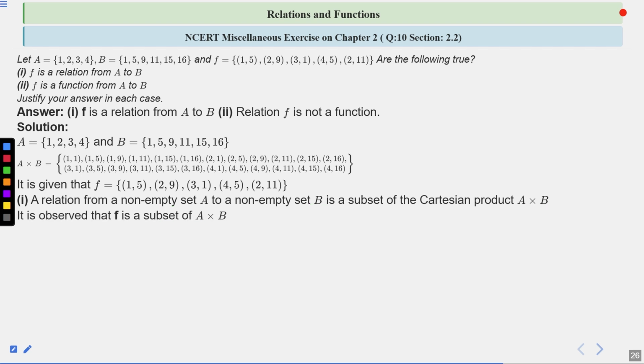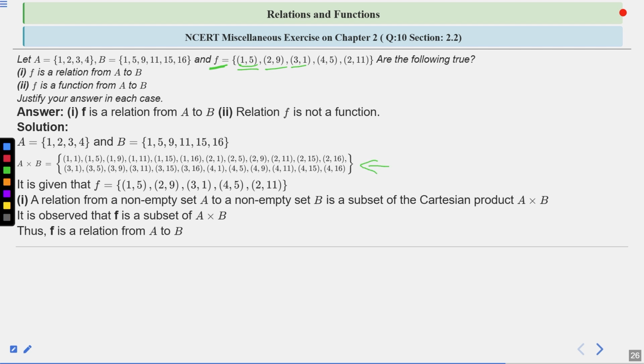So in this case, F is a subset of A cross B. Why are we saying F is a subset? When do we say that any set is a subset of the other? When every element from this set, in this case F, must be in this set.